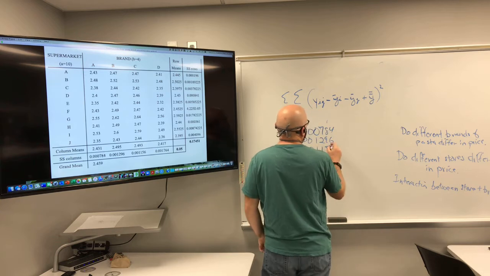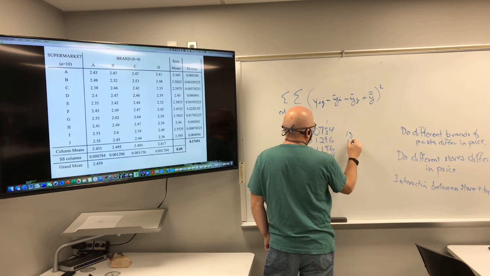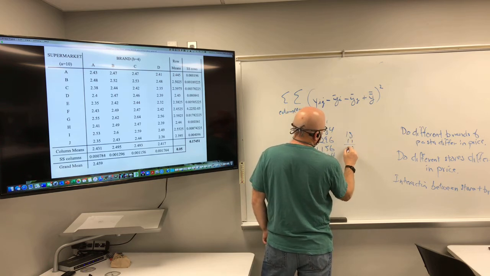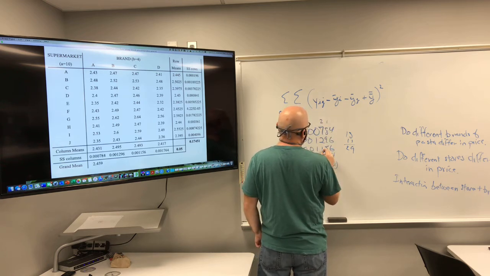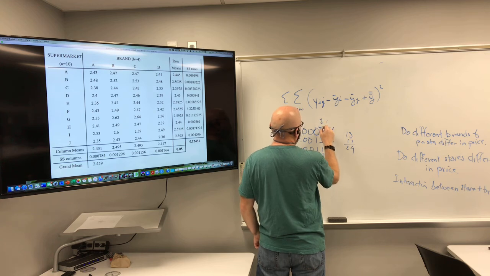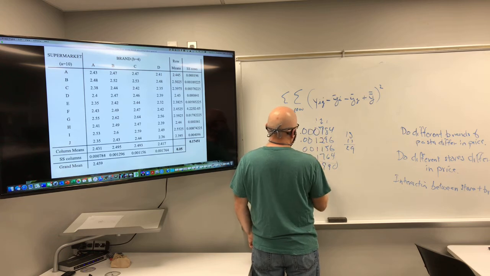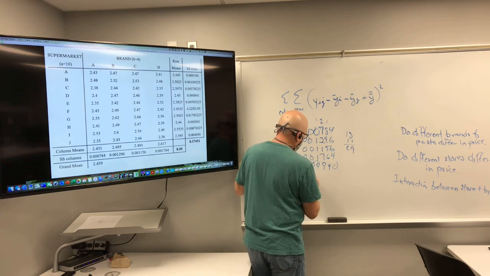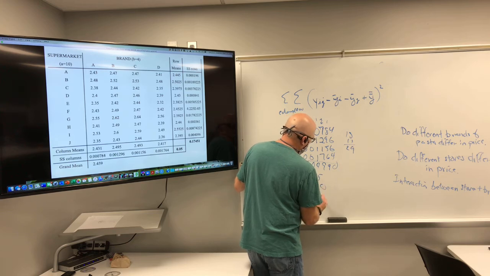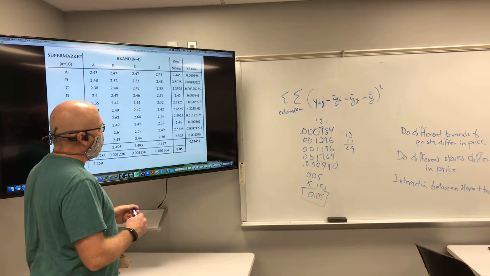So it's really 0.00499, which we can just round to 0.0005. But then when we multiply this times 10, that's going to give us 0.05. So that's where that 0.05 is coming from.